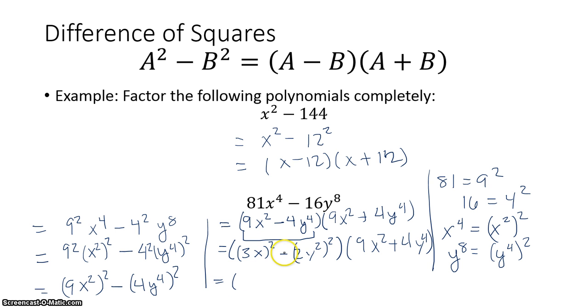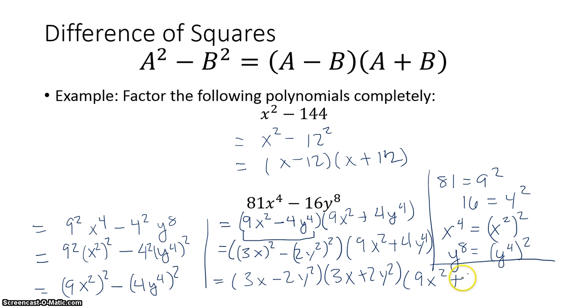But now we can continue. This one we've written as a difference of squares, so let's use what we know. I can write that as 3x minus 2y squared times 3x plus 2y squared times, running out of room here, what's left? 9x squared plus 4y to the fourth.